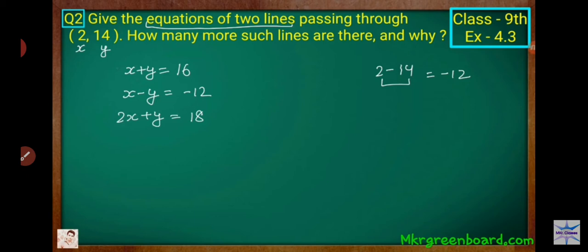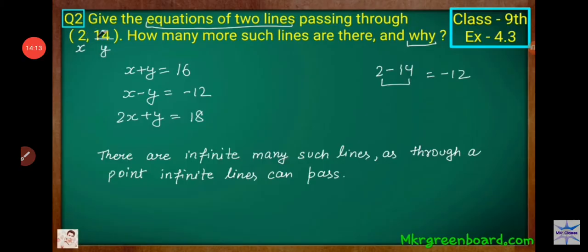If you take this type of equations, there are infinitely many such lines, as through a point infinite lines can pass, because you have to give only 2 points and you can make so many equations.